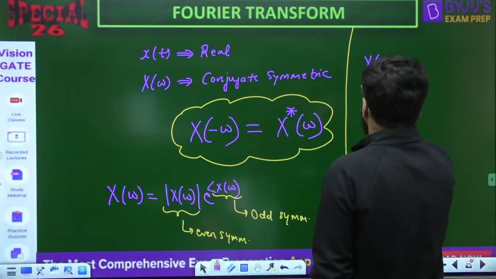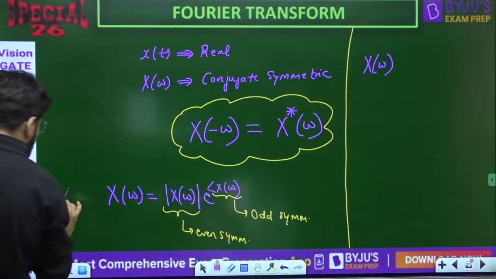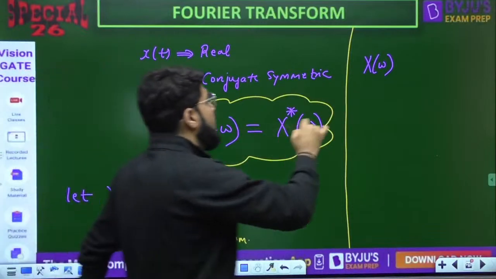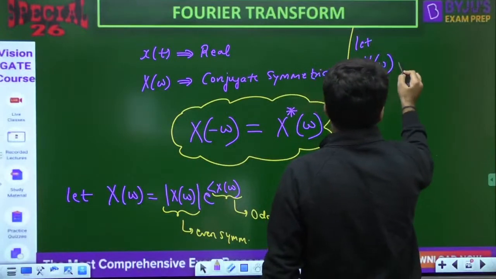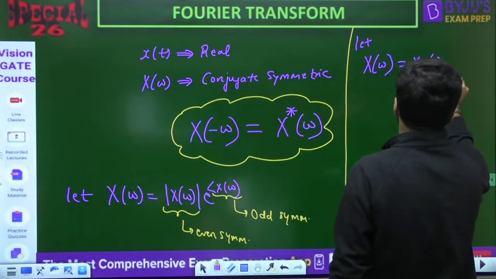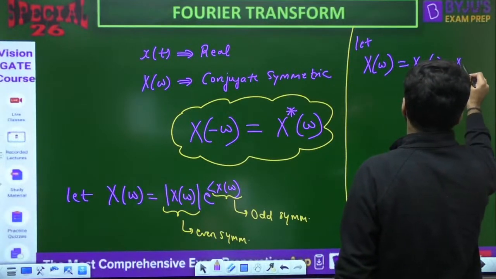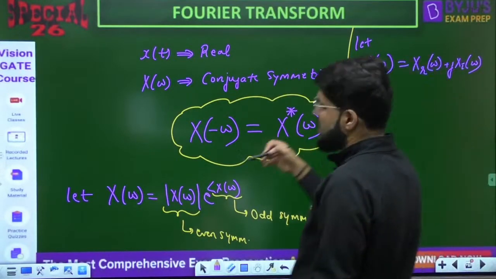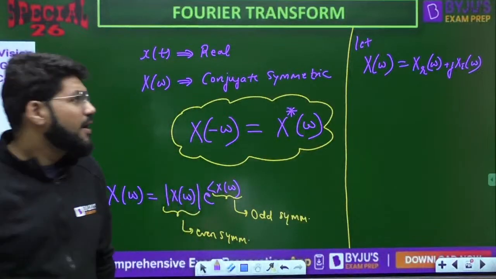Now here I have written X omega in the Euler form. We can also write X omega in the Cartesian form. Cartesian form means real plus imaginary part, so it can be split as X_R plus j X_I.